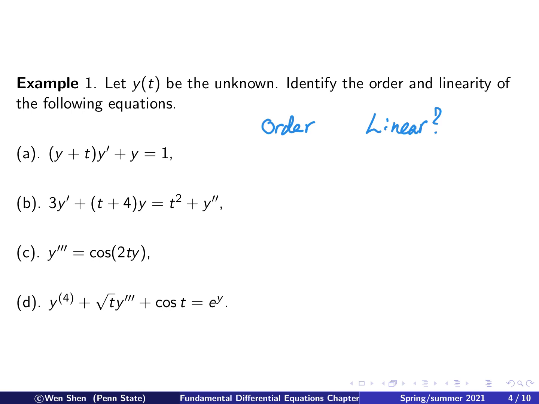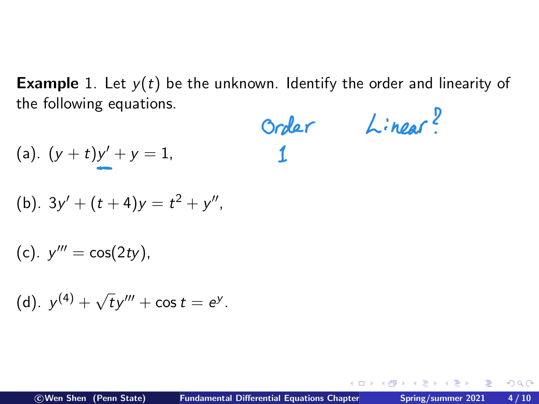Okay, let's look at the first equation. Let's identify the order. Remember, the order of the equation is the highest derivative. Here there's only one term that involves a derivative, and that is y prime. So that's the first derivative. So the order is 1. Is this a linear equation? How do we find that out?